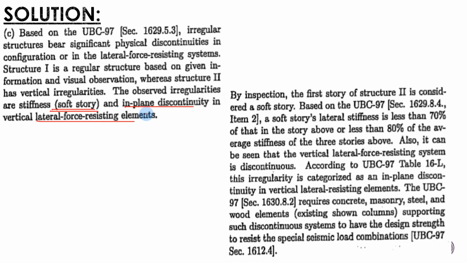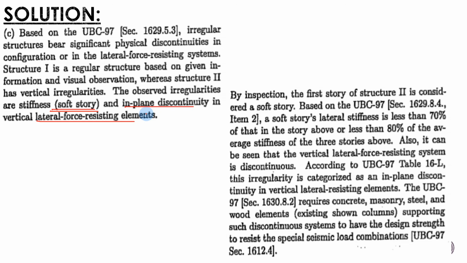So based on UBC 97, a soft story's lateral stiffness is less than 70% of that in the story above or less than 80% of the average stiffness of the three stories above. Also, it can be seen that the vertical lateral force resisting system is discontinuous.